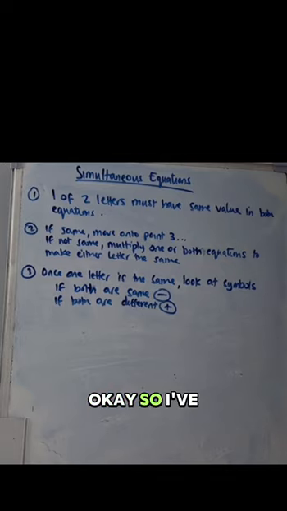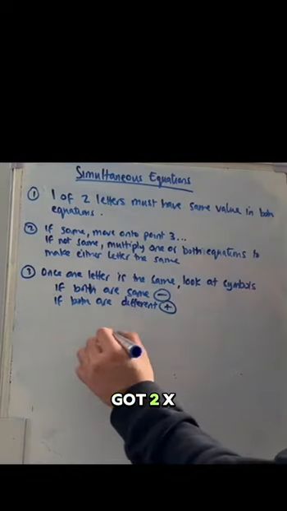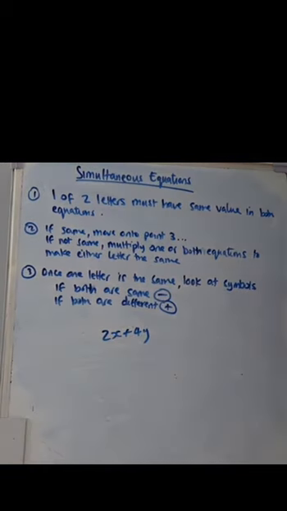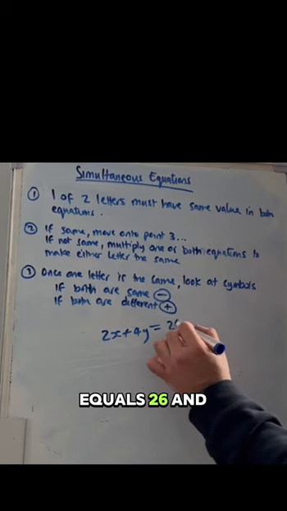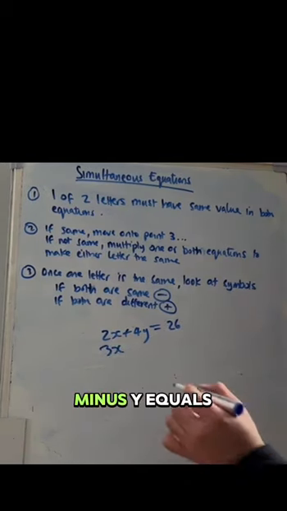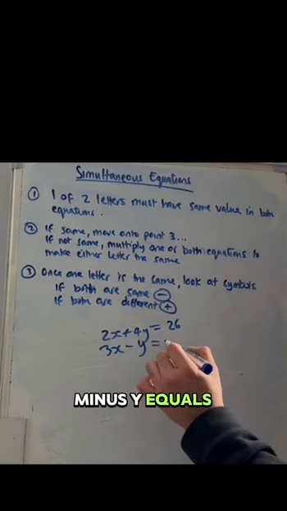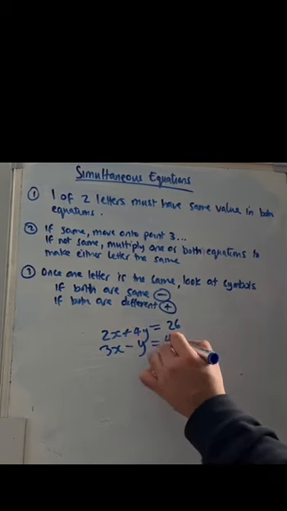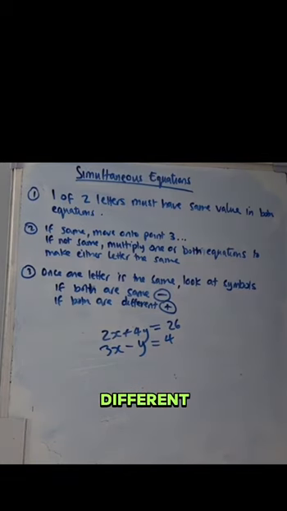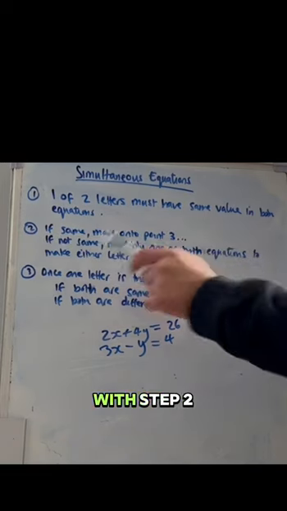Okay, I've got 2x plus 4y equals 26, and 3x minus y equals 4. This time is slightly different. Neither my x's nor my y's are the same, so I have to do something with step 2.